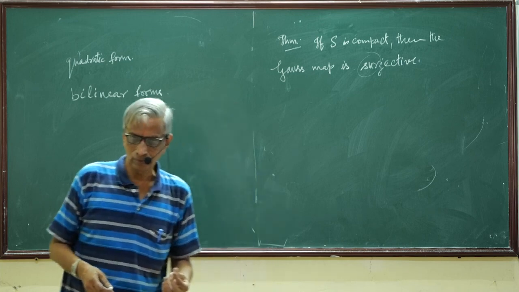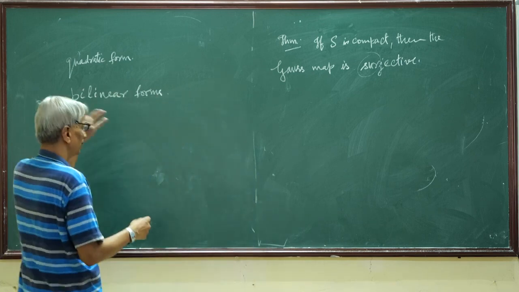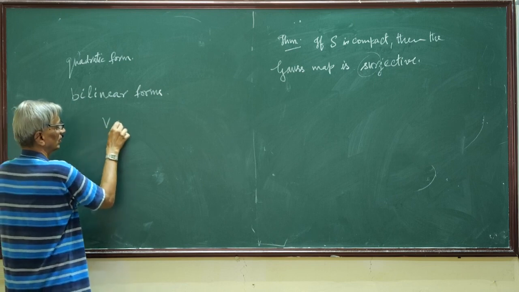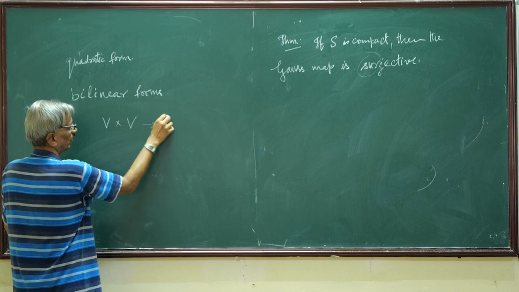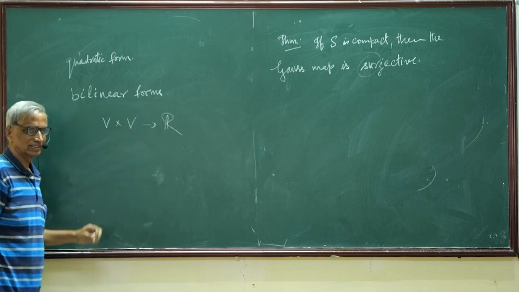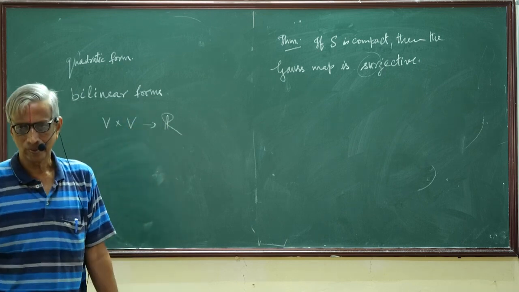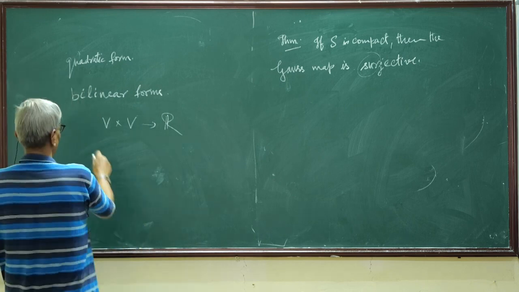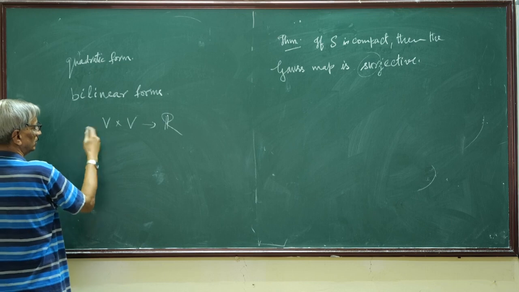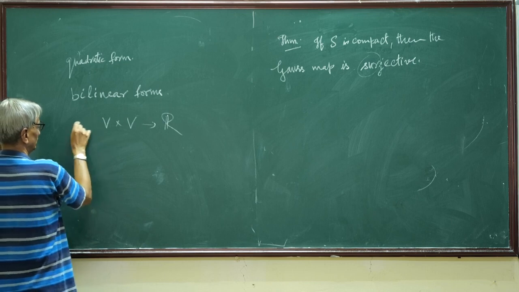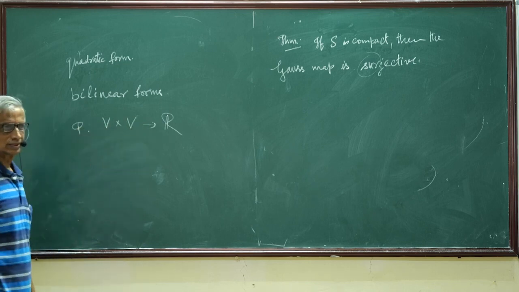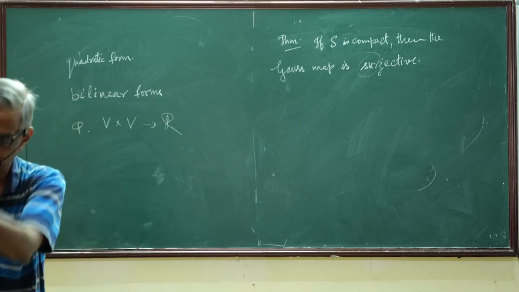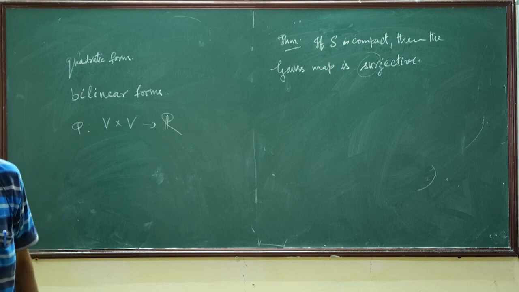So what is a bilinear form? Generally, on a vector space, let's say, all real for us, you have a real vector space, and you have a scalar valued map from V cross V to R, which is linear in each coordinate, right?